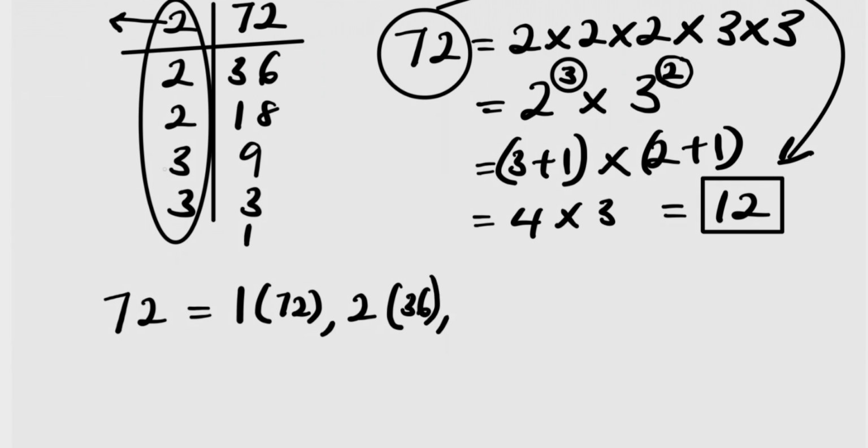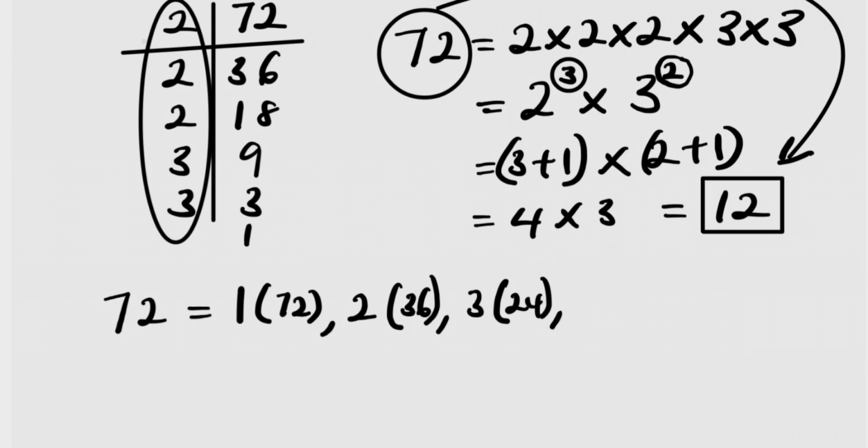Next number, we have 3 on this side, so we pick 3. So 3 multiplied by what number? It's going to be 3 multiplied by, when we isolate this 3, we'll have 2 times 2 times 2, which gives 8. 8 times 3 is 24.